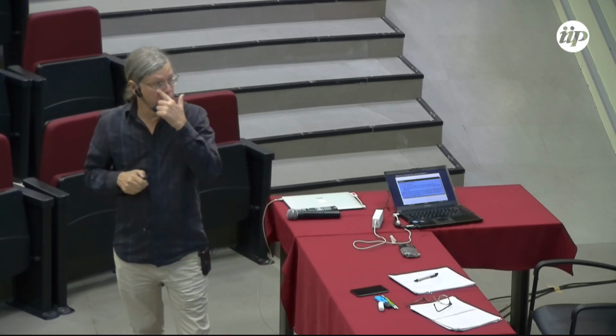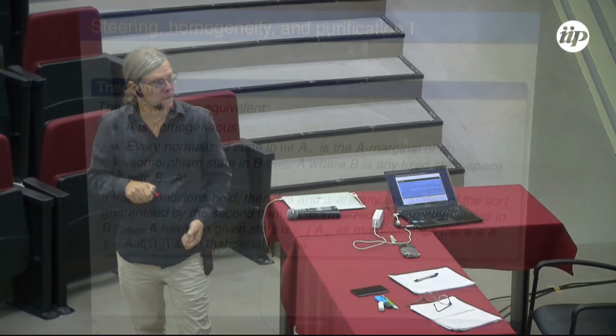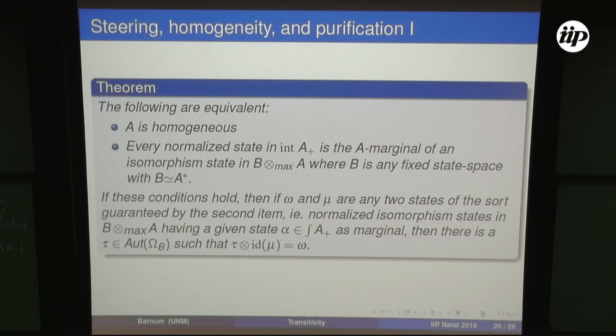So if we want to be able to steer everything, we're going to want the space where we're using the effects to be isomorphic to the dual of the space with the states.